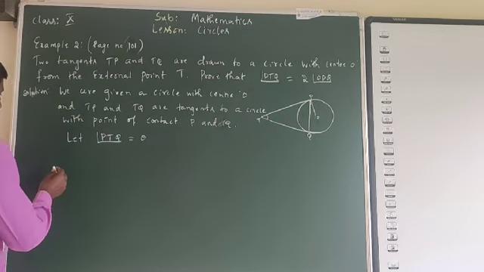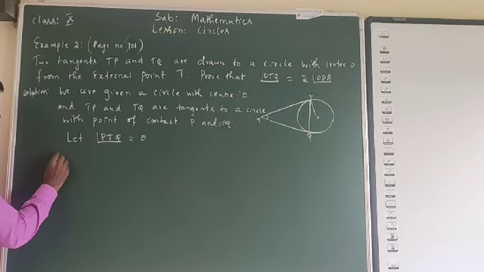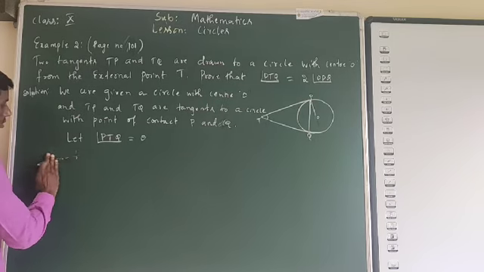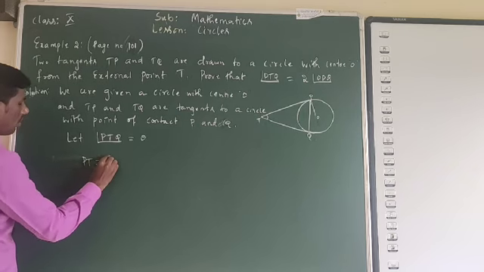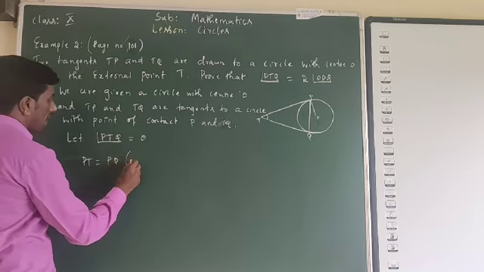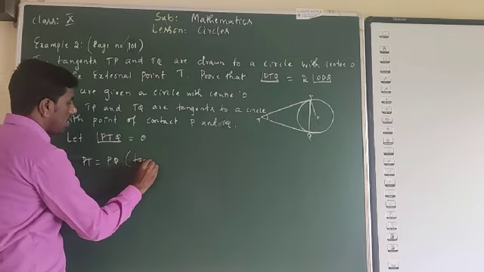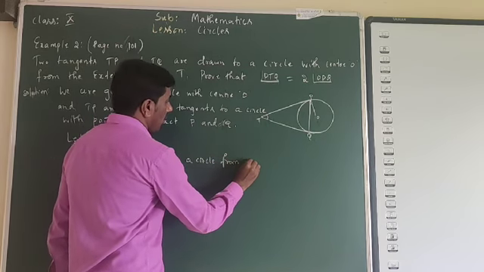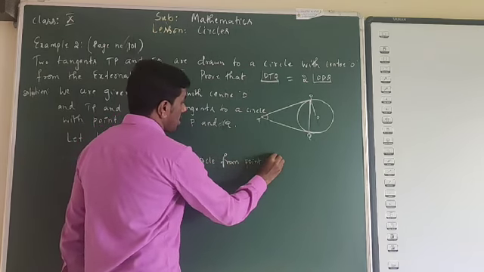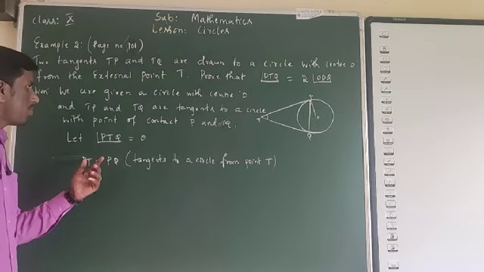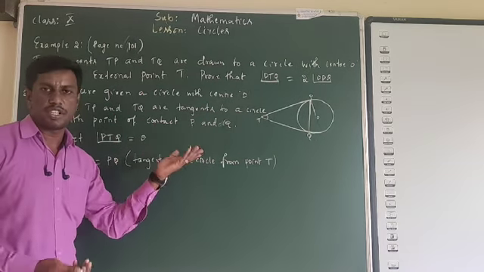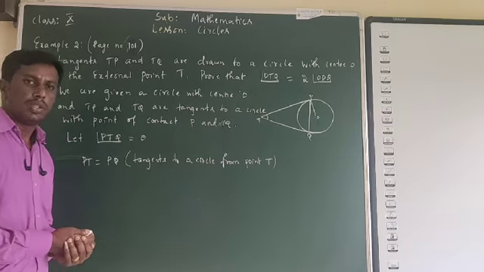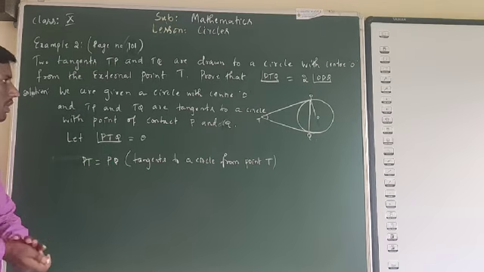So we will write directly PT is equal to TQ, in brackets tangents to a circle from the external point T. Those two must be equal because the lengths of tangents from an external point to a circle are equal. So PT is equal to TQ.